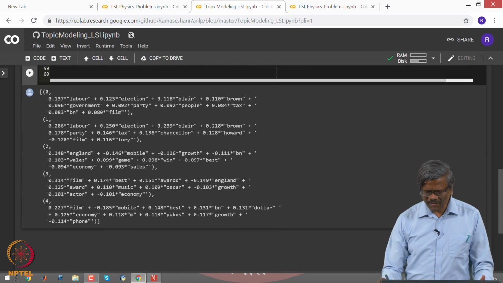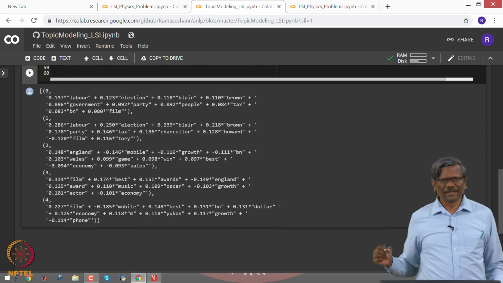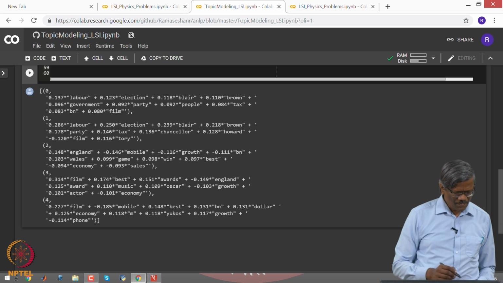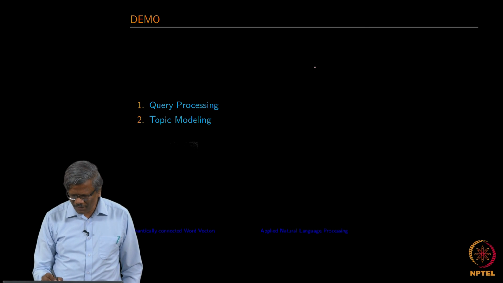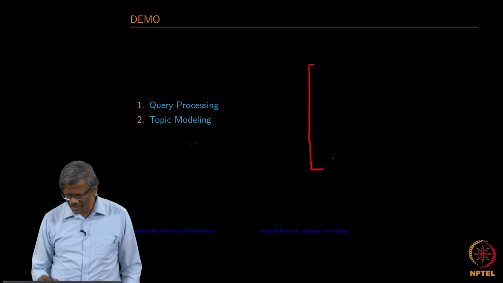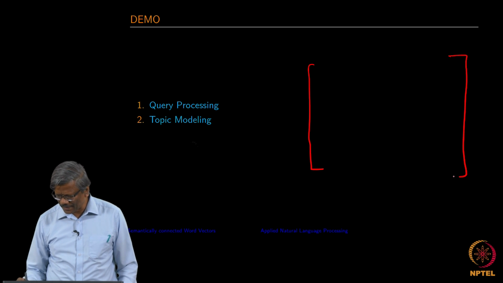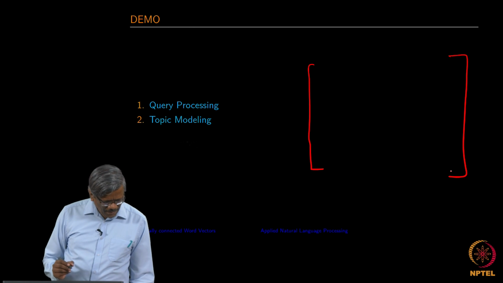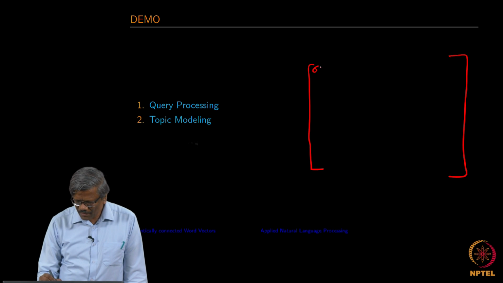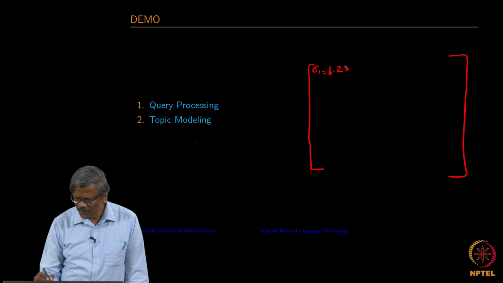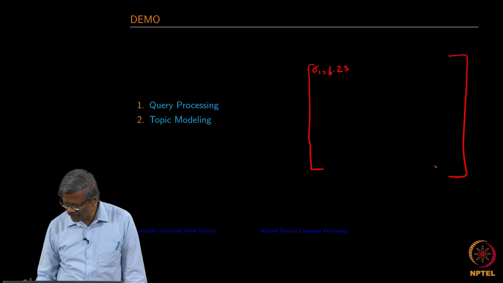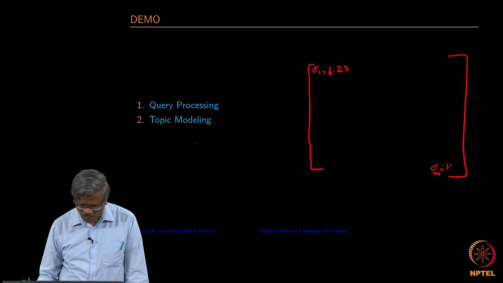The reason stems from the fact that when you look at the sigma values, let me go back to the sigma values for the BBC text. Sigma 1 is equal to 6.23, and then if you look at sigma 200, it is equal to 1.3.